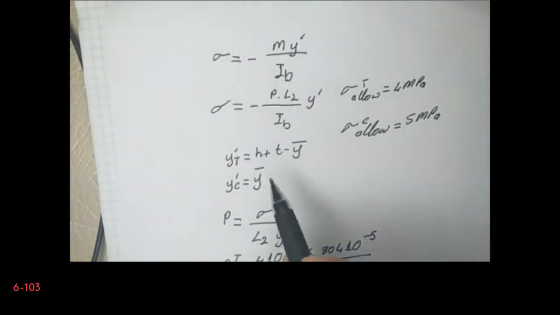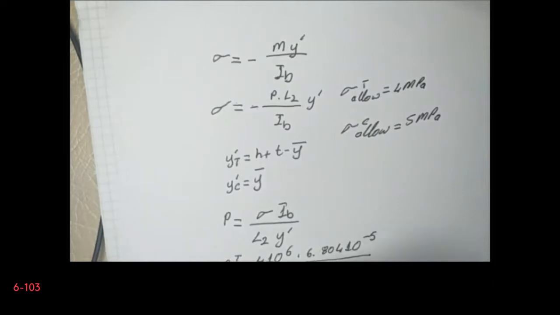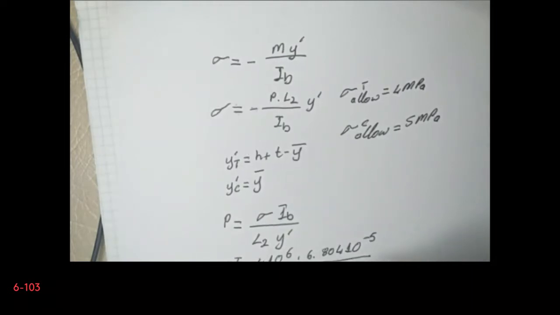H plus T is equal to 0.225 minus Y bar, and Y bar is equal to 0.13. Okay, let's make the calculation.